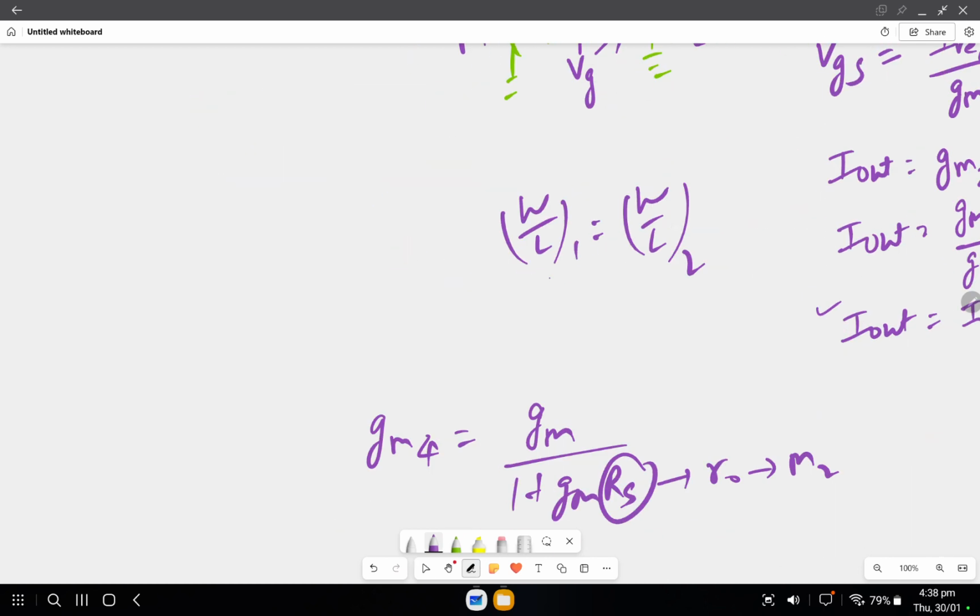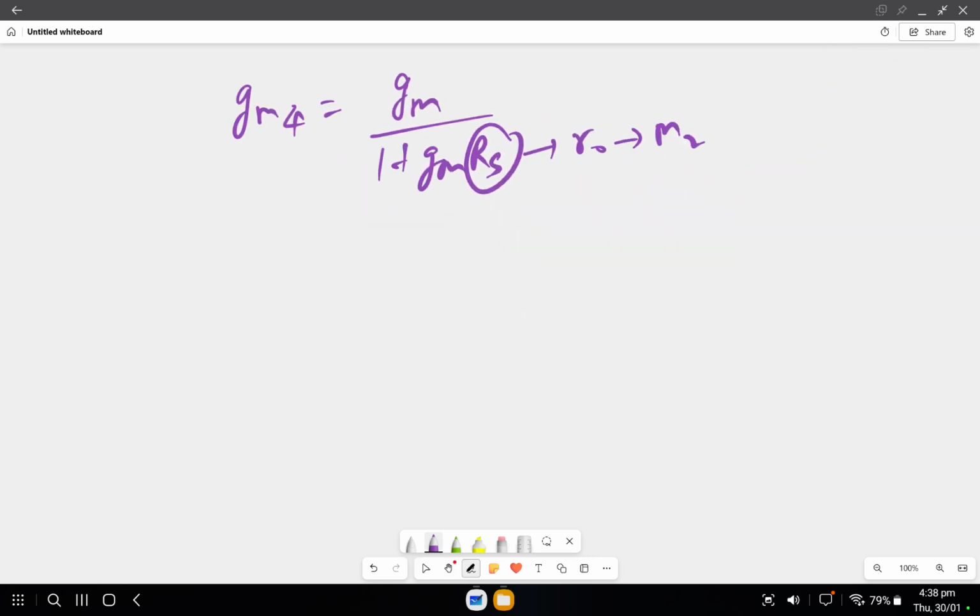So finally at steady state, this will behave as a resistor, or you can say short circuit, and the lower MOS will follow this one only, I2.